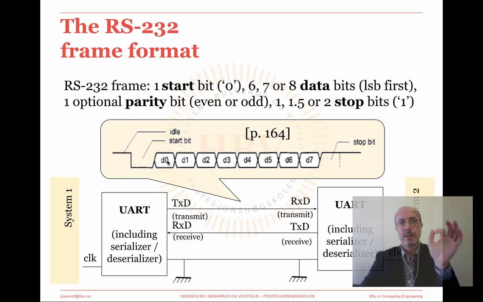The transmission in RS-232 always starts with the least significant bit. And then since we are not using parity in this example, the stop bit will immediately follow the most significant bit, and the transmission line will remain at 1 after the transmission of this stop bit.